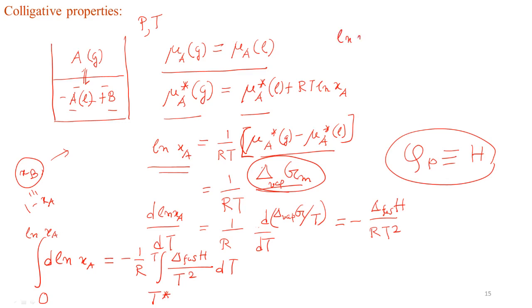So we have ln XA, which we can write as ln 1 minus XB, and the right hand side will become minus 1 over R. The integration of 1 over T squared is minus 1 over T, so that minus gets cancelled with this minus, and if we calculate the limits, it will be 1 over T minus 1 over T star.